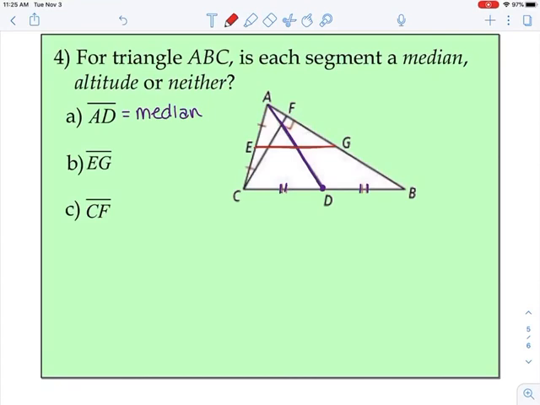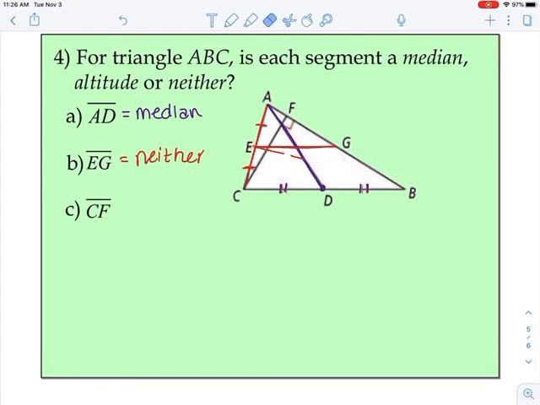Why isn't it a median? Even though this is congruent to this, again, a median has to be drawn from the vertex of the opposite side. So if I wanted the median that was going over to this side AC, it would have to be B that connected to that midpoint right there. So BE would be the median, but EG is not a median. So this one is going to be neither.